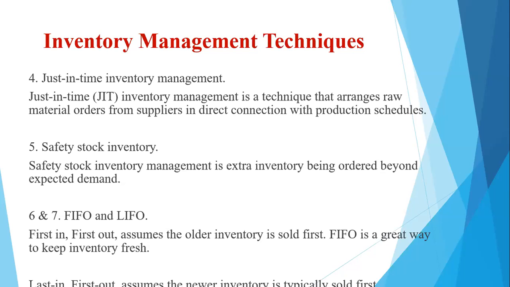Then we have safety stock inventory. Now, safety stock inventory management is an extra inventory being ordered beyond the expected demand, right? Say, for example, the demand is for 10 units that needs some 40 items of inventory, right?